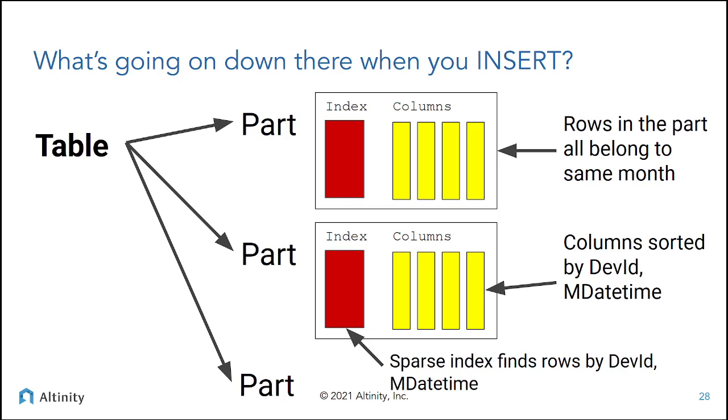We'll show the details of this further on, but basically it has an entry for, by default, every 8,192 rows, and it allows you to reference blocks of data quickly as long as there's something that's in the index key. So this is what's going on down there, and every time you insert, it will generate a part.